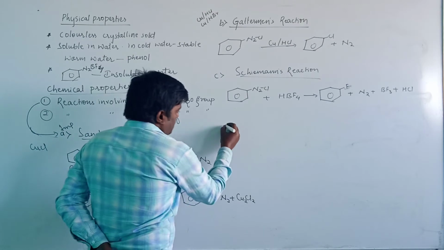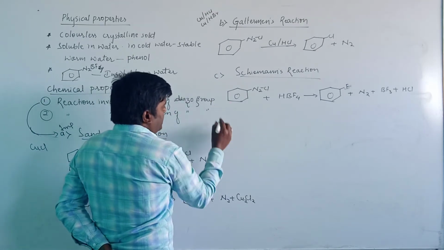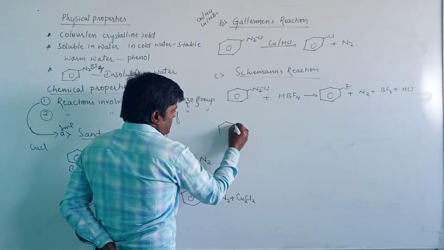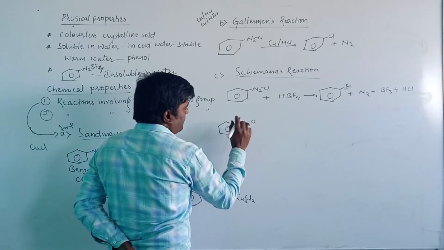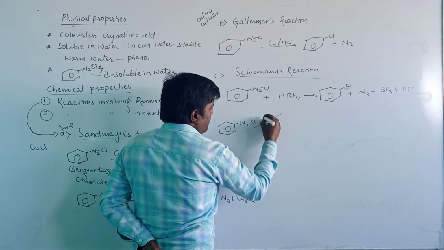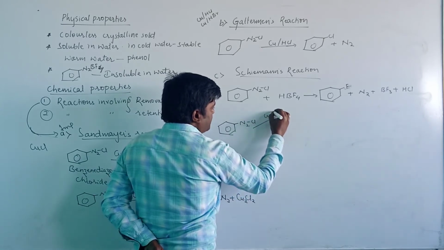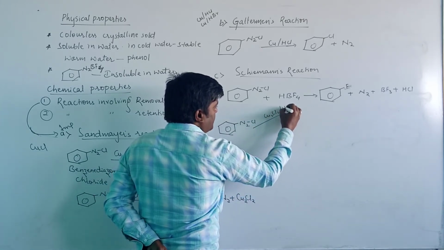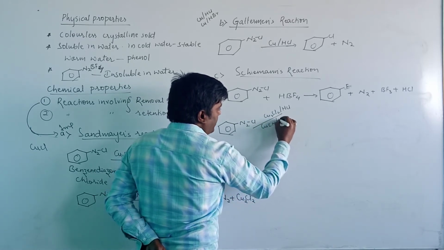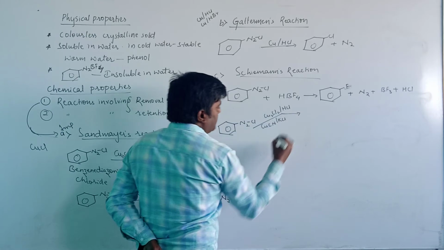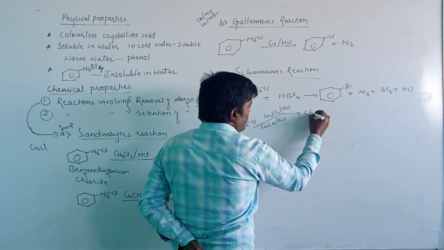We can take benzene diazonium chloride, C6H5N2Cl, which, when reacted with cuprous chloride in hydrochloric acid or cuprous cyanide in potassium cyanide, gives the compound chlorobenzene.